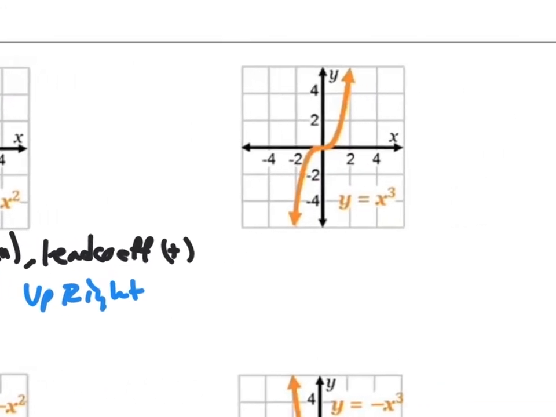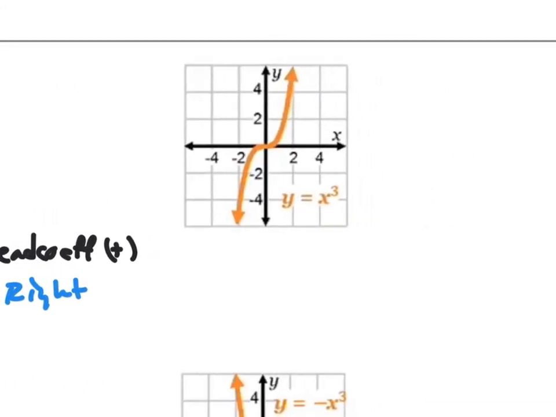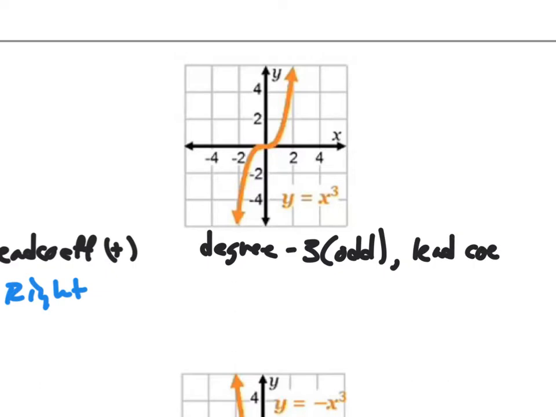Same thing over on this next one. Our degree is odd. Our degree is 3, which is odd. And then our leading coefficient is positive.